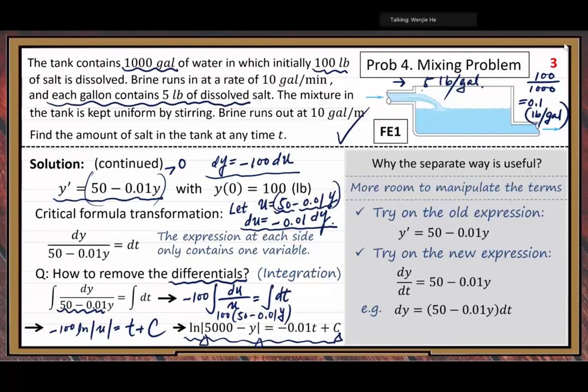See, inflow density always 5 pounds per gallon. The initial is 0.1 pound per gallon. The difference is big, right? So much denser inflow brine merge with the mixture with much smaller density.